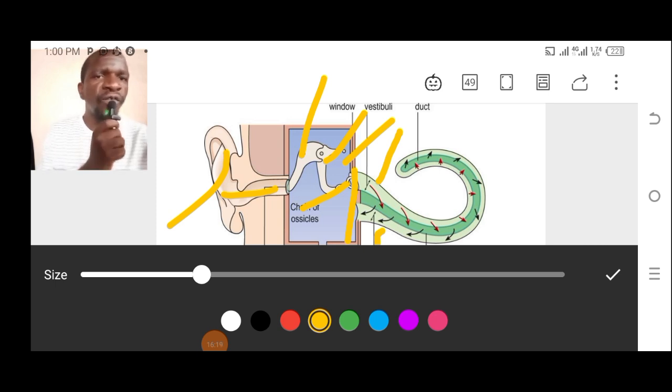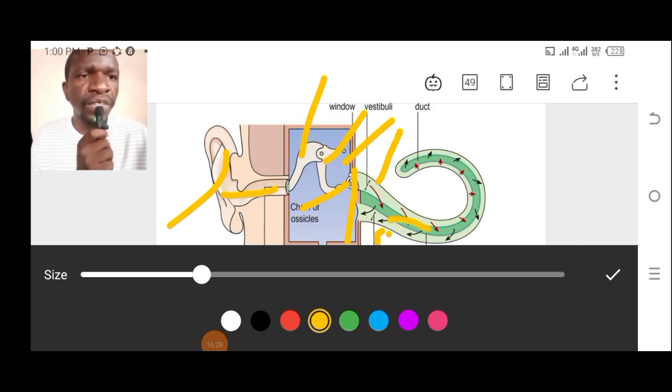The pressure of the fluid waves generated in the scala tympani and the scala vestibuli is going to be directed to the cochlear duct, which is this darker green substance, that is the cochlear duct. So this is where the pressure is going to be taken. Now, this is going to set some vibrations of the basilar membrane, right?